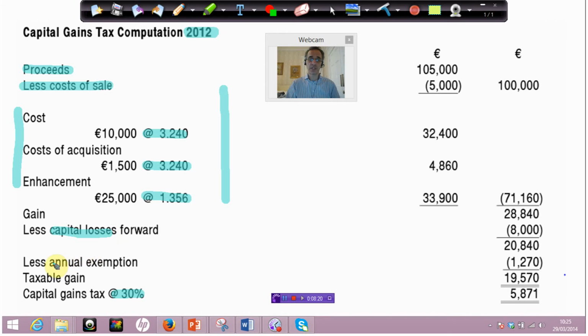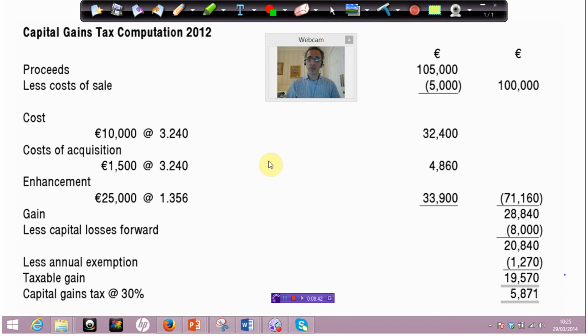Over and above that, you'll see that we have our 1270. That hasn't changed from FA12. It's the same value. We get our taxable gain, and then we just tax at 33%, not 30, as you see on the screen. Okay, so reasonably straightforward at this level, and bear in mind we're getting marks literally for just stripping out this information from the question.